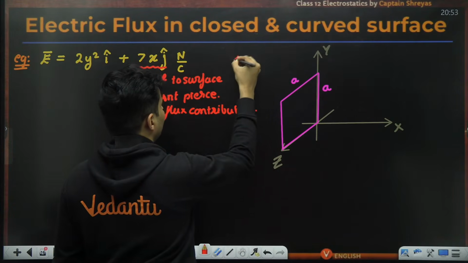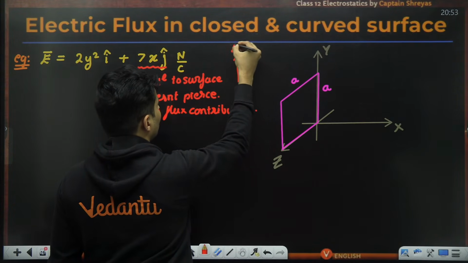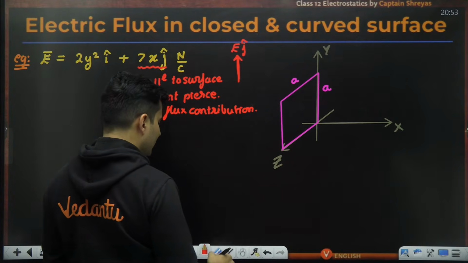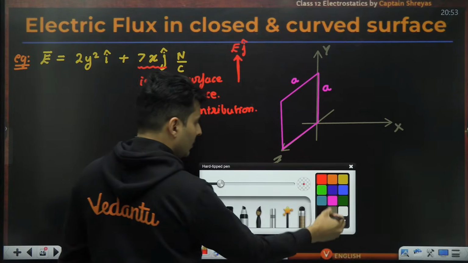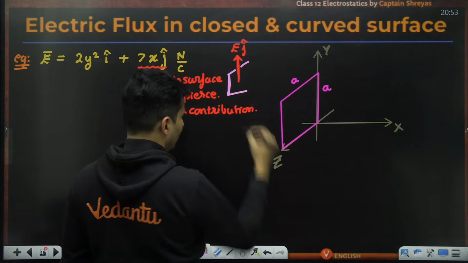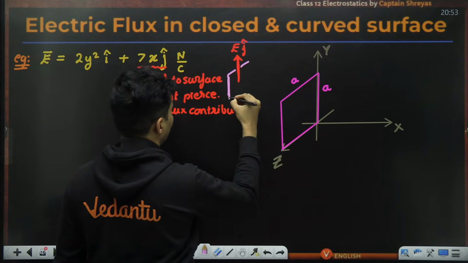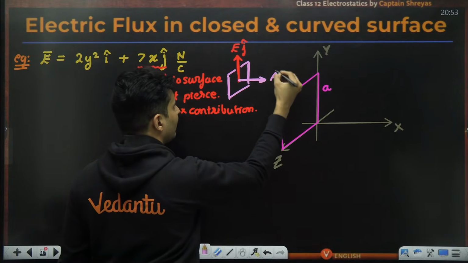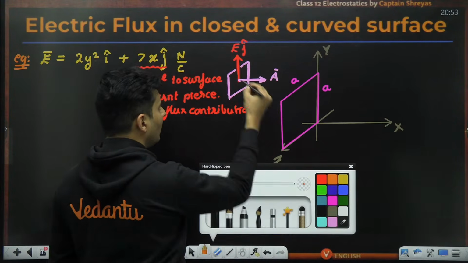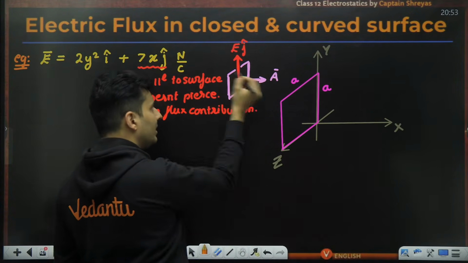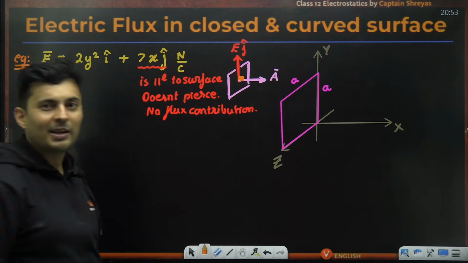The electric field in the j cap direction is parallel to that surface, but it is actually perpendicular to the area vector. So don't get me wrong. It is actually perpendicular to the vector of the area, but parallel to the surface of that same area.